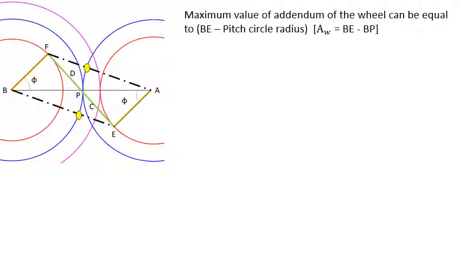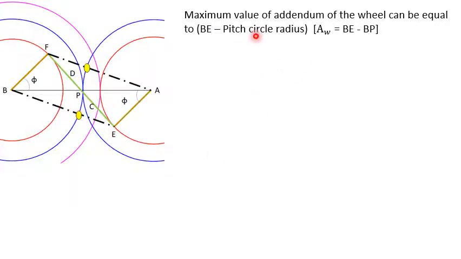Next, the maximum value of addendum of wheel can be equal to BE minus pitch circle. See, this is the pitch circle, and whatever remaining portion from this point to the point E represents the addendum of wheel.